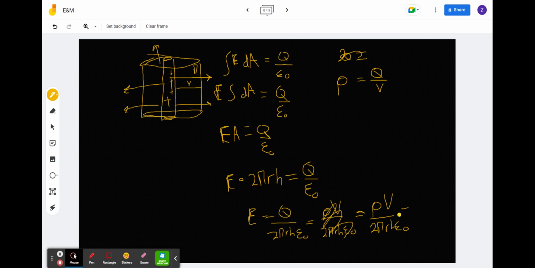The volume of a cylinder is going to be rho pi big R squared, where big R is the radius of the cylinder, H, divided by 2 pi r h epsilon naught. So our H's cancel out, our pi's cancel out, and what we're left with is E is equal to rho times the radius of the cylinder squared divided by 2 times how far away we are from the center of the cylinder times epsilon naught.